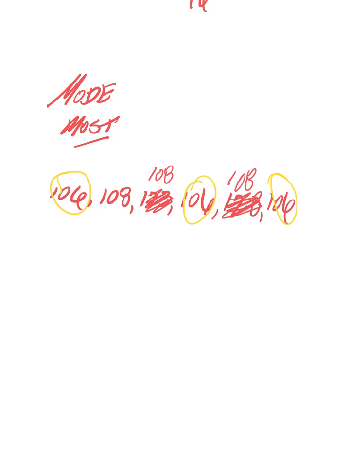We've got 3 times that 106 occurs and 3 times that 108 occurs. If that happens, there is no mode, okay? Because there is not a number in this list that occurred more than any other number. They occurred the same amount of times, so there is no mode. Okay, so that's it for mean, median, and mode.